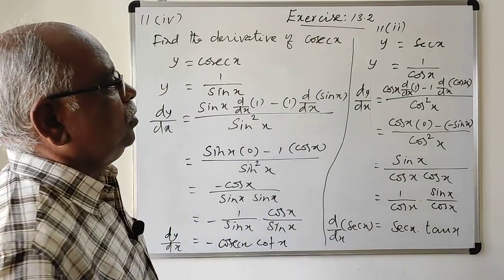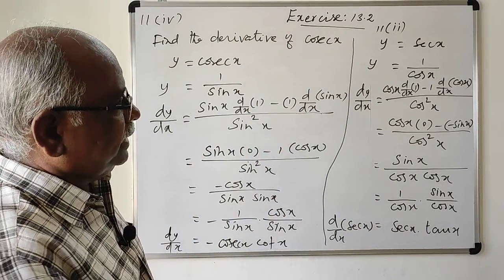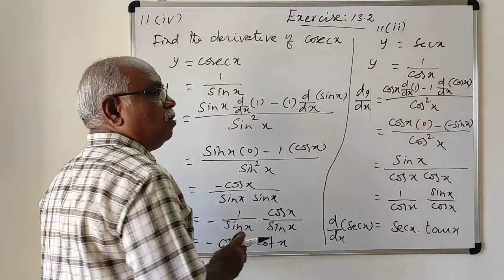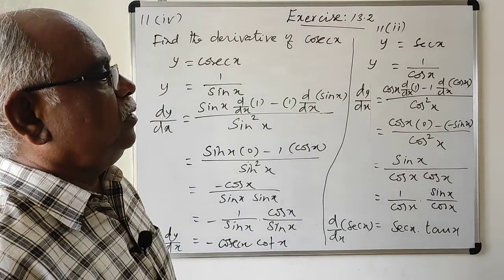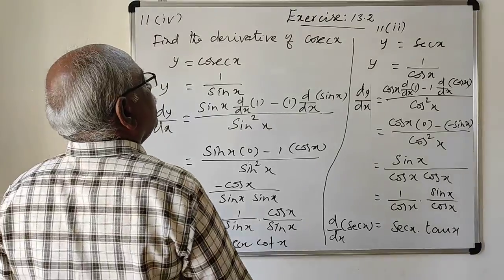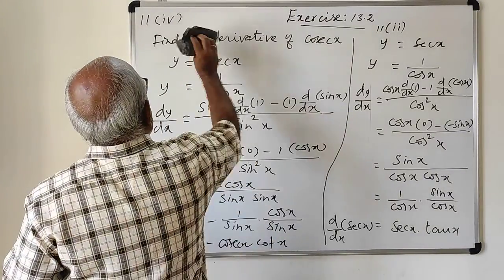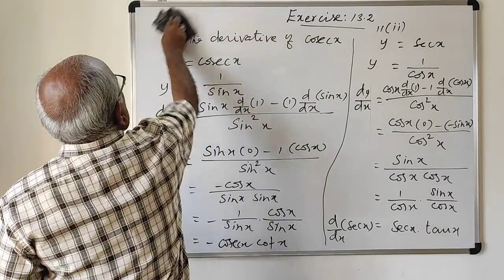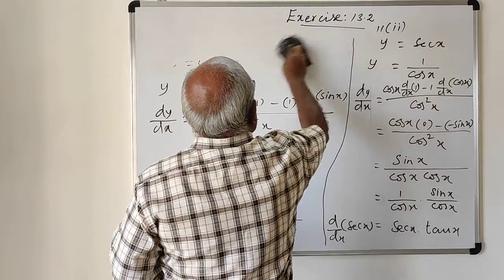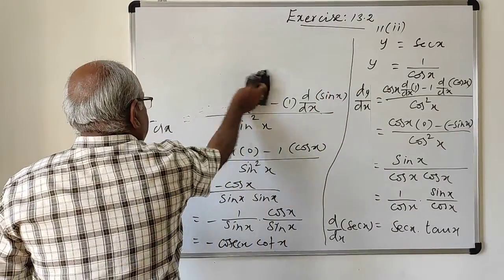And one more thing I am going to derive: find the derivative of cot x. If I derive cot x, all the 6 trigonometric results will have been derived. Now, find the derivative of cot x. That's our next idea.